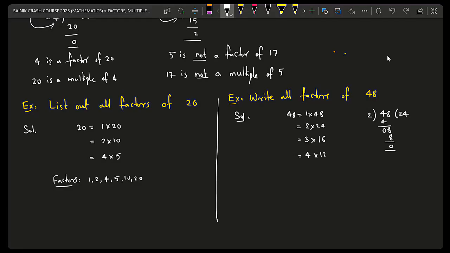Is it divisible by 5? Sir, no. What about the next number 6? Sir, it is divisible. So can I write 6 into which number? Sir, 6 into 8. What is the next number? 7. Is it divisible by 7? Is 48 divisible by 7?